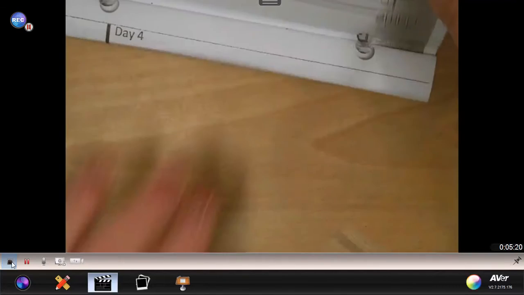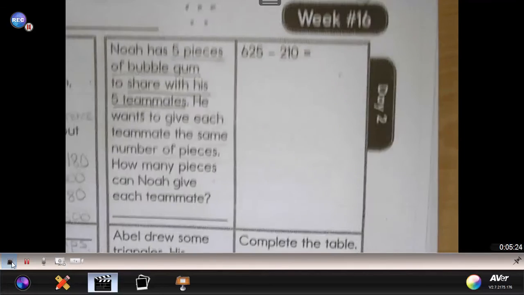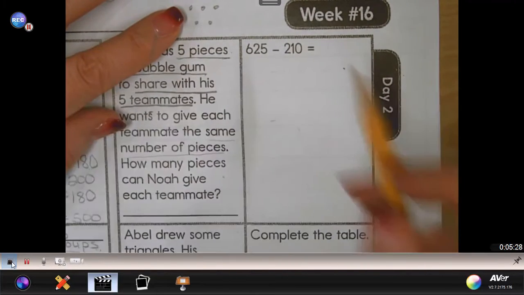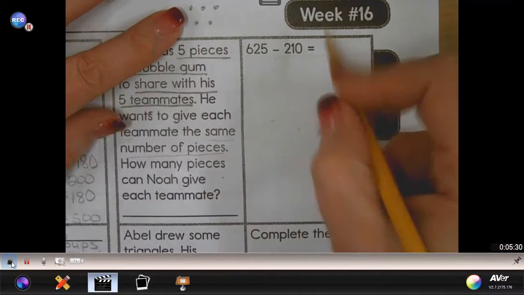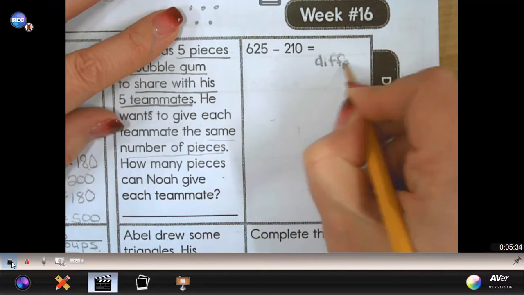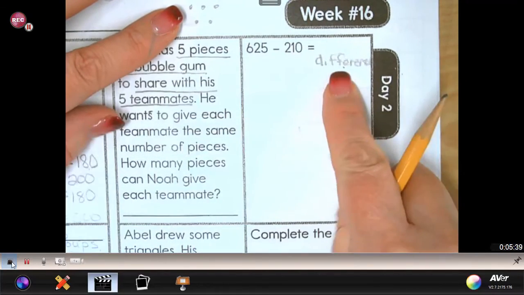I'll come back when we get to our second word problem, but our next equation is a subtraction, and I'm looking for my difference. Make sure you remember this vocabulary. The answer to a subtraction problem is your difference.